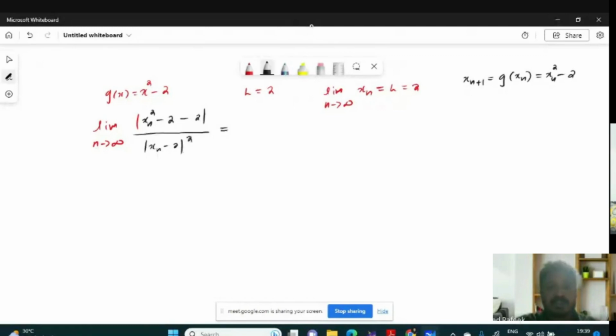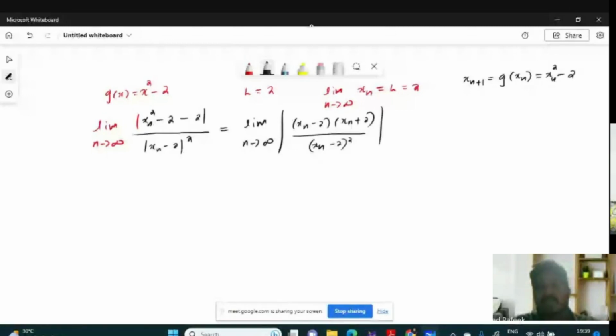Limit n tends to infinity. This is x n square minus 4. x n square minus 4 means x n square minus 2 square, that can be written as x n minus 2 into x n plus 2, a minus b into a plus b, divided by modulus of x n minus 2, the whole square.